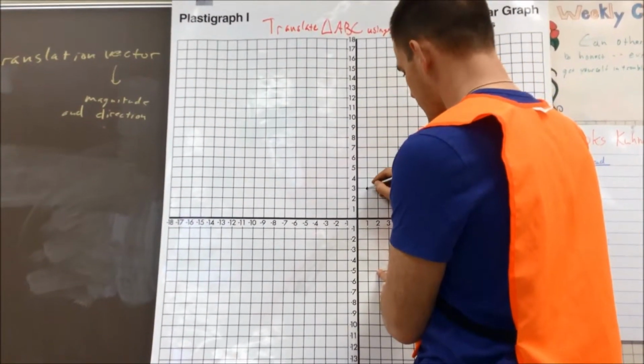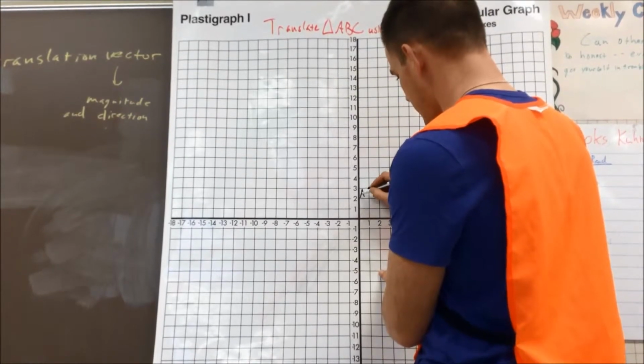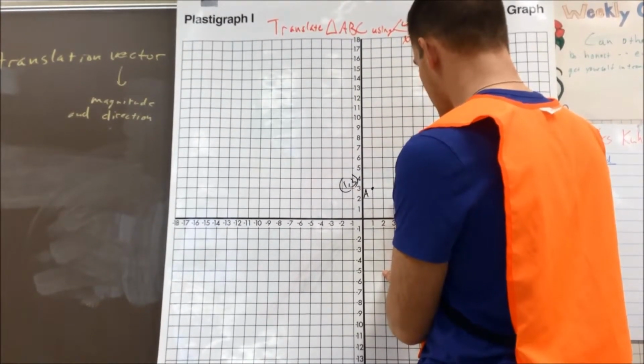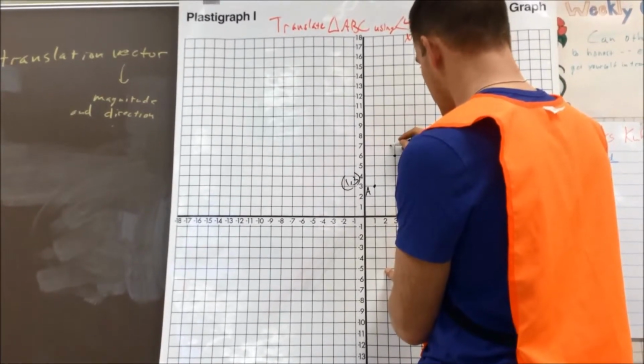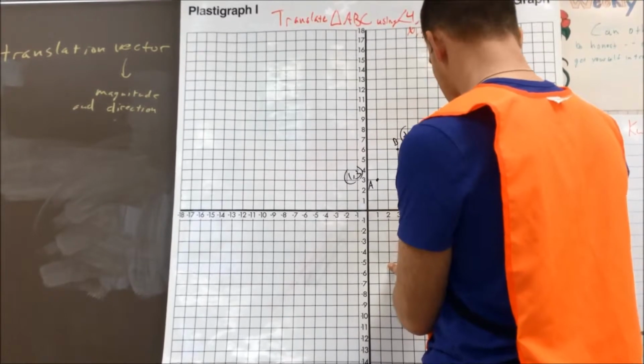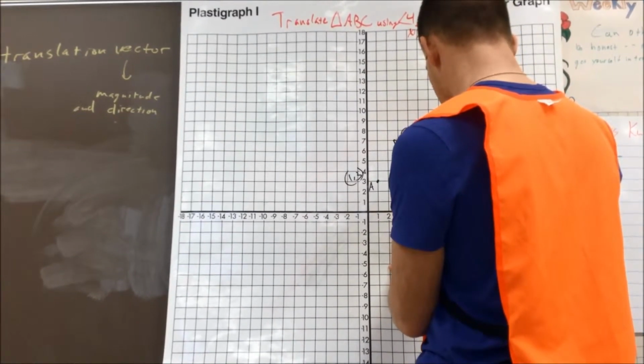I'm going to go at 1, 3. That's my A, (1, 3). B is going to be (3, 6). And C will be (7, 1).